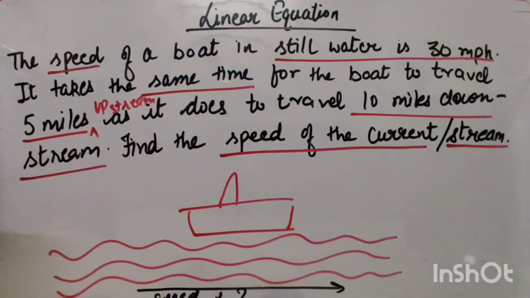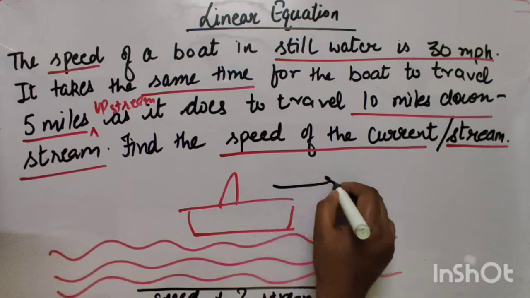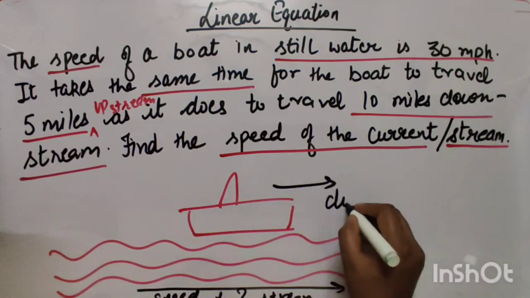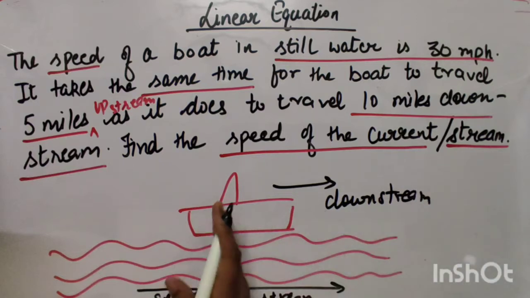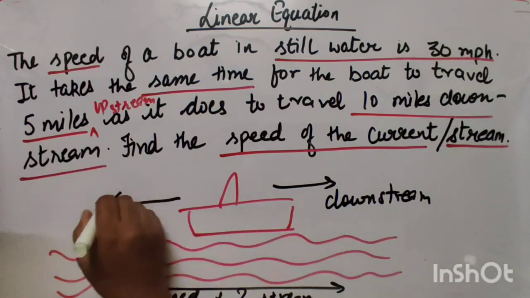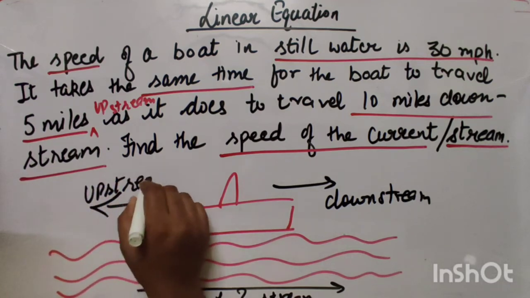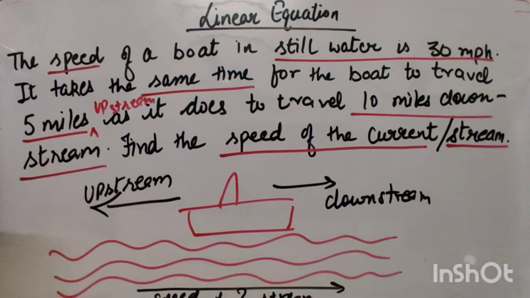If the boat is moving toward this side, we will call it downstream because it is moving along with the speed of the current. And if it is moving at this side, we will call it upstream, right children?